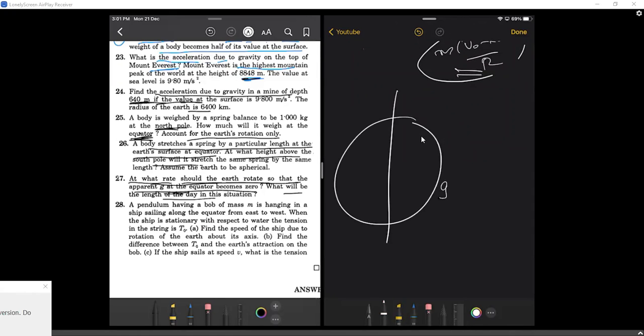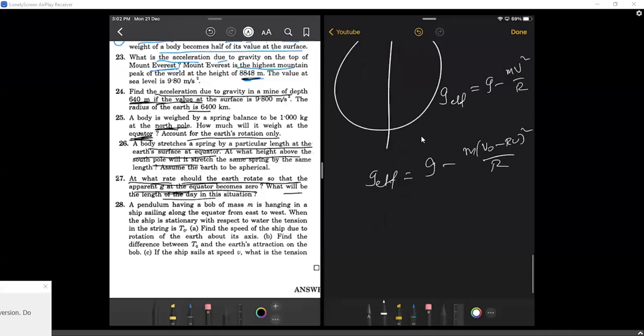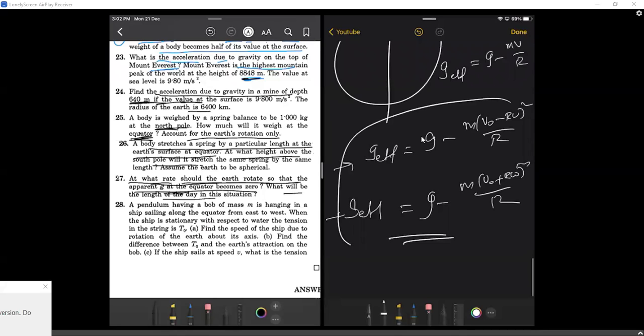G effective will be G minus m v square by r in both the cases. When the boat is going with the direction, v is v naught minus r omega, whole square by r. In the second case, G effective is G minus m (V naught plus R omega) whole square by R. You have to calculate both the G effectives for this problem 28.